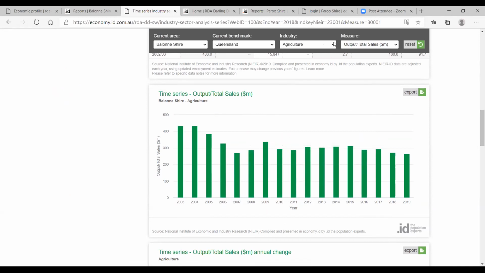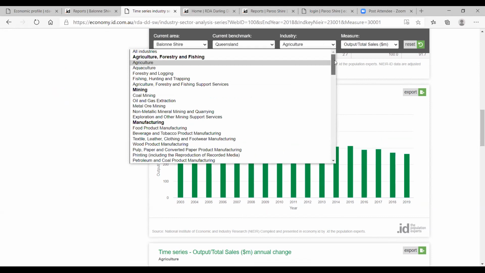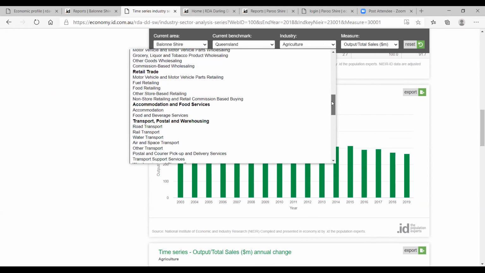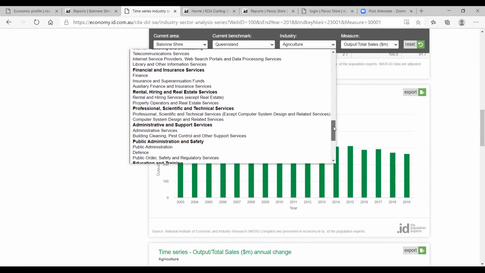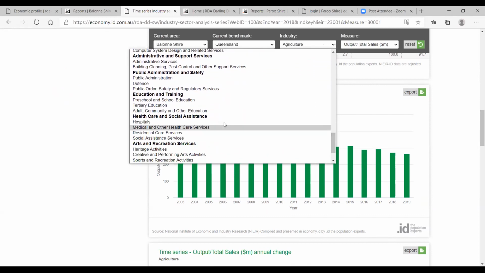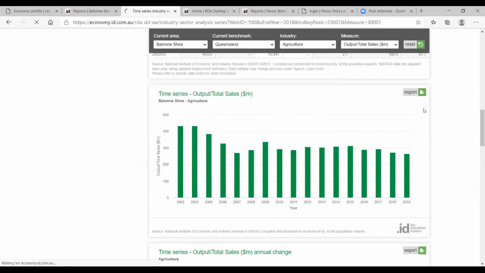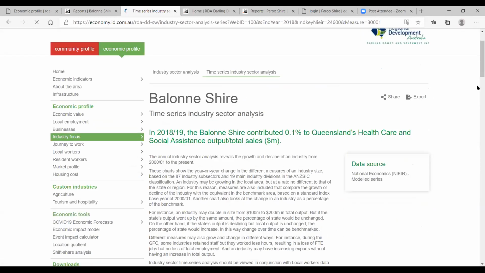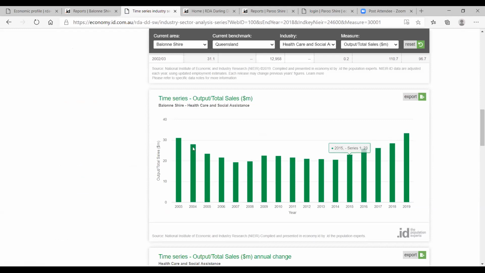The next one is if I choose hospitals or healthcare, let's just choose healthcare and I'll use the sector level rather than the subsector. And you can actually start to see what's happening in terms of your output and total sales in healthcare.